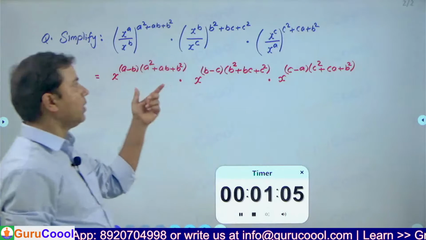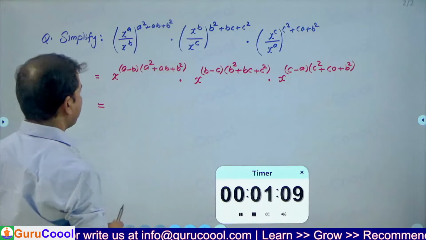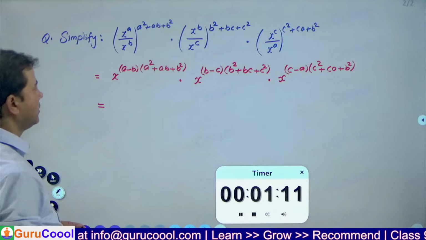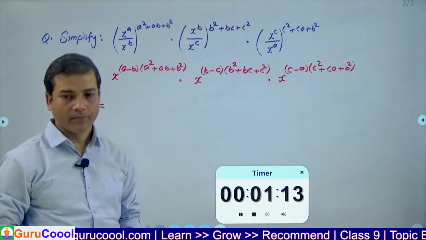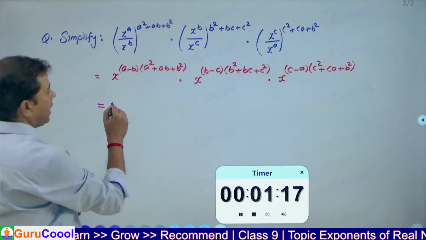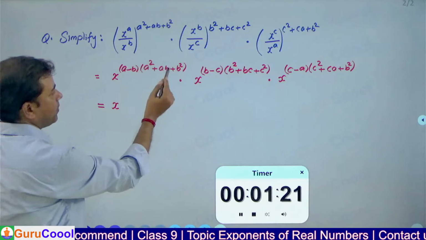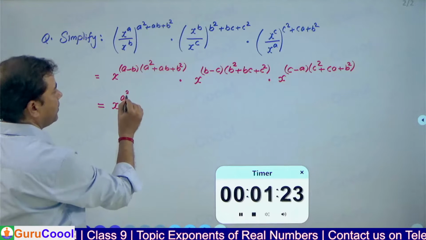Did you get any clue after this? Yes. What is that? No, actually this is an identity. a minus b into a square plus ab plus b square is a cube minus b cube.